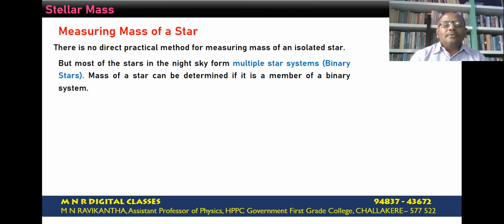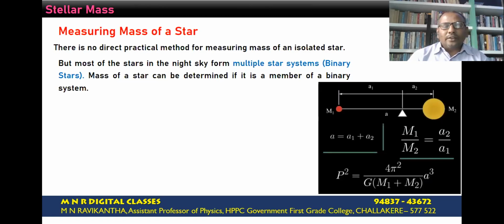If the star forms a pair in a binary system or multiple star system, then this can be used as a method to determine the mass of the star. If a star is a member of a binary system, then its mass can be easily determined by the following method. Let us understand the method of finding the mass.